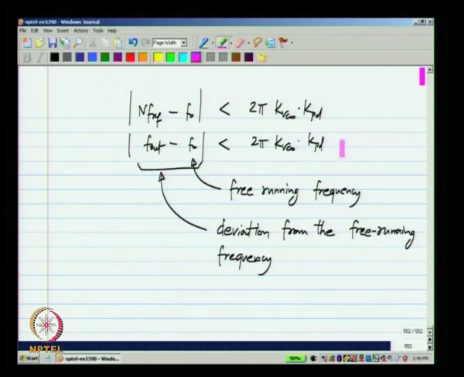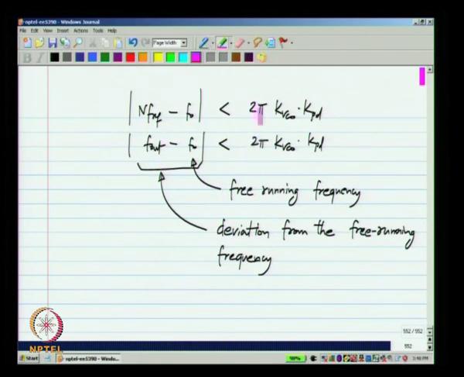So, what this expression is saying is that the VCO will have a certain free running frequency, and the phase lock loop will be able to adjust the output frequency to be n times the reference frequency, but only as long as the deviation from the free running frequency is 2 pi times KVCO times KPD or less than that. Okay. And this amount is known as the lock range of the phase lock loop, and the lock range of the type 1 phase lock loop is given by this particular expression.